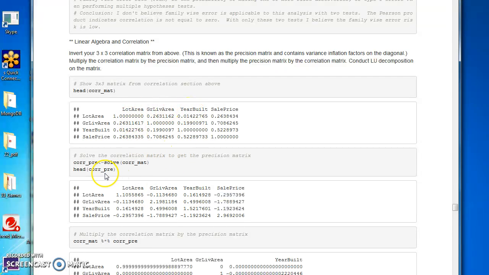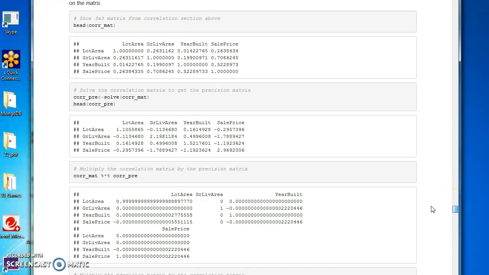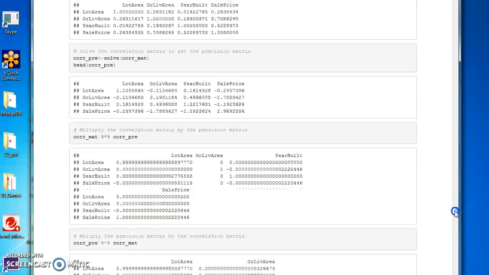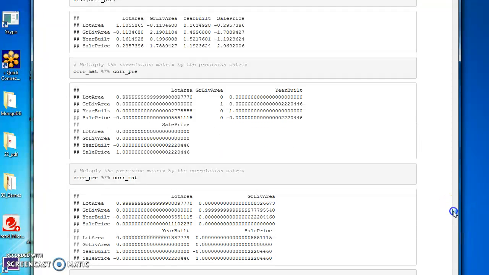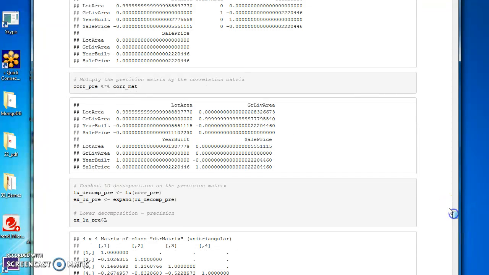And then took the inverse of that. That's the precision matrix that comes out as shown in this table here. And then multiplied the correlation matrix with the precision matrix, and it shows ones across the diagonal. And then did the reverse, precision matrix times the correlation matrix. Again, it shows ones in the diagonals there.